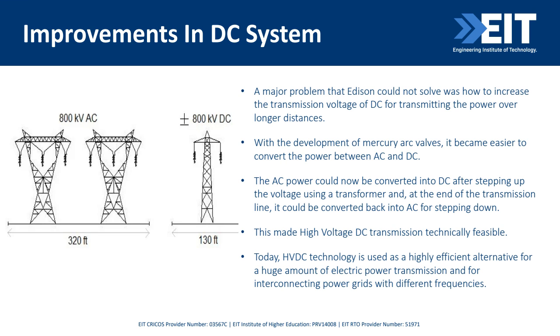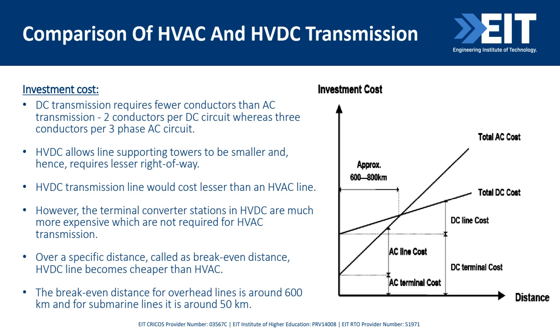And so today, HVDC technology is used as a highly efficient alternative for a huge amount of electric power transmission and also for interconnecting power grids with different frequencies, because we don't need this synchronization for high voltage DC transmission.